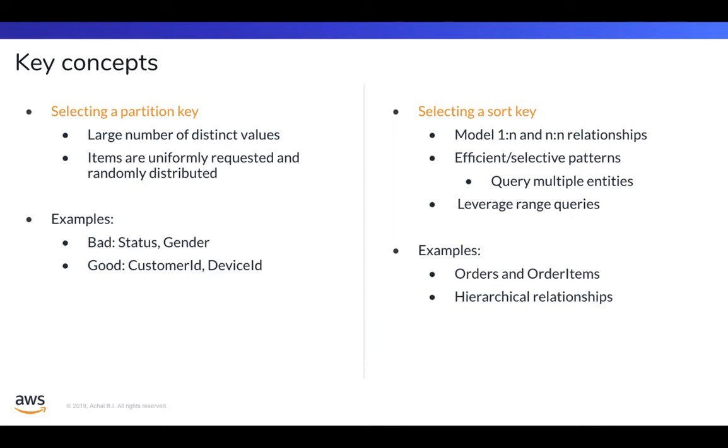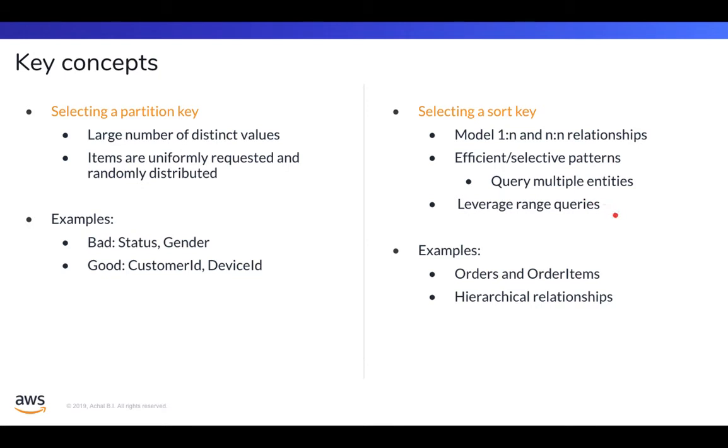And there are selective patterns which you could use to find the items, by saying, let's say, if it begins with this particular sort key, then retrieve that item. So there are many selective patterns which you could use.